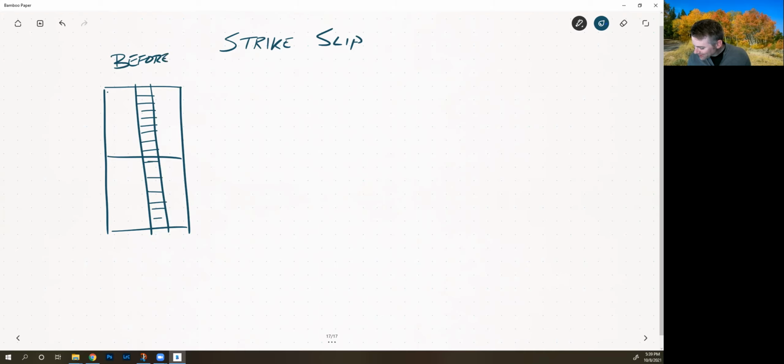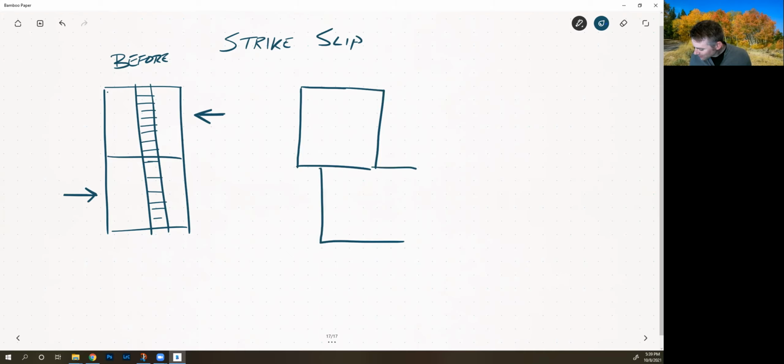The after then is going to look a little bit like this. I should mention, these happen because we have forces pushing in opposite directions on either side of the fault like this. So if we have arrows pushing like this, it's going to move the top block over like so. And what that's going to end up with is our train tracks looking like this, right?